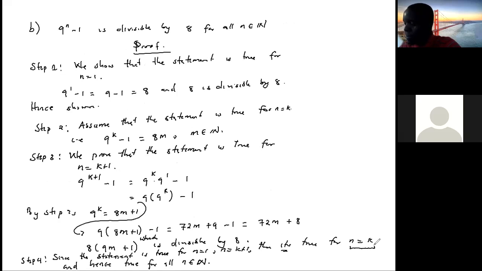How is 9m plus 1 on the third step divisible by 8? Not this one. This one we had to expand. We expanded it to this part, then we factorized. Now we have 8 times (9m plus 1). When you divide by 8, you get 9m plus 1, and m is an integer, so it's divisible.